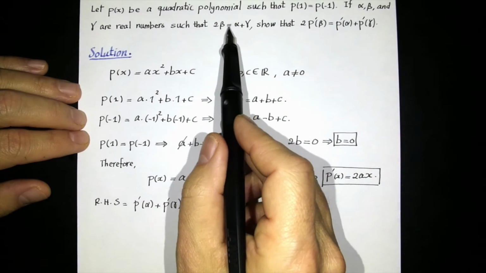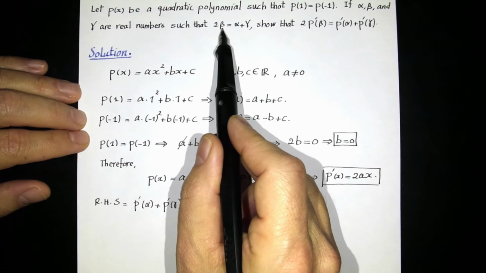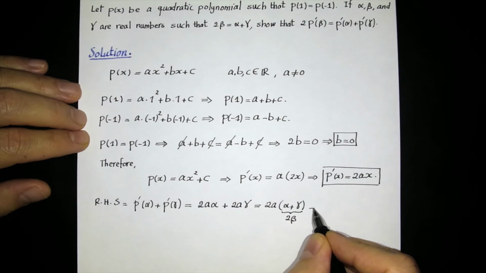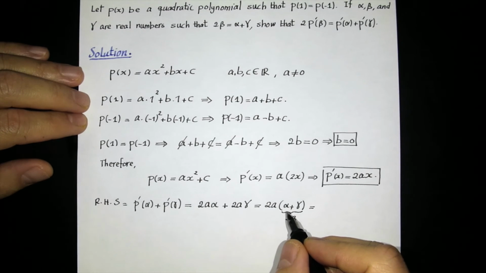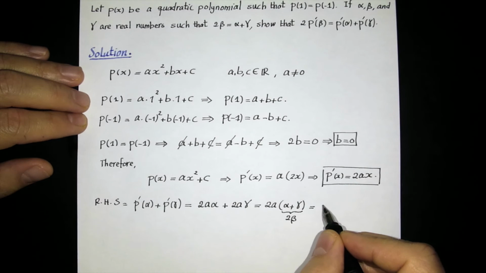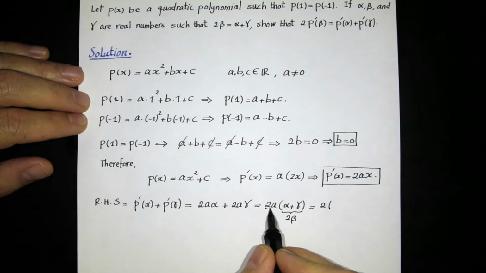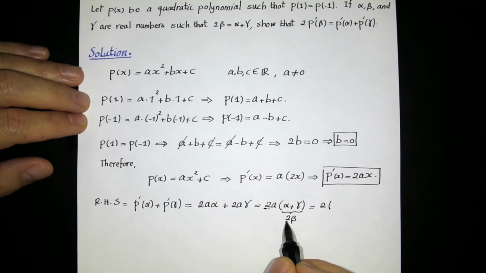But look here, according to the assumption, alpha plus gamma is equal to 2 beta. So this expression becomes equal to, let me write it in this form, 2 times a times 2 beta.